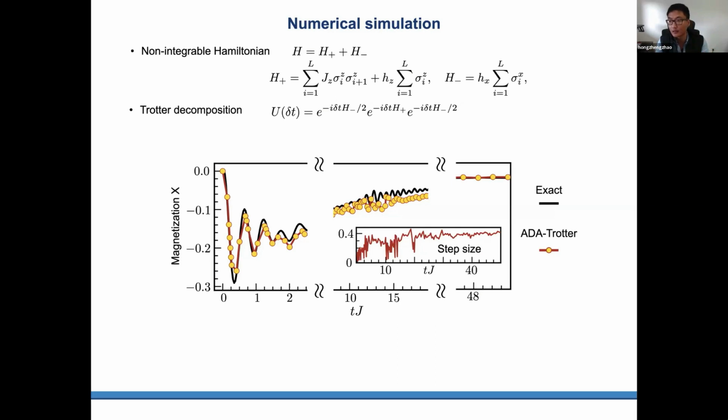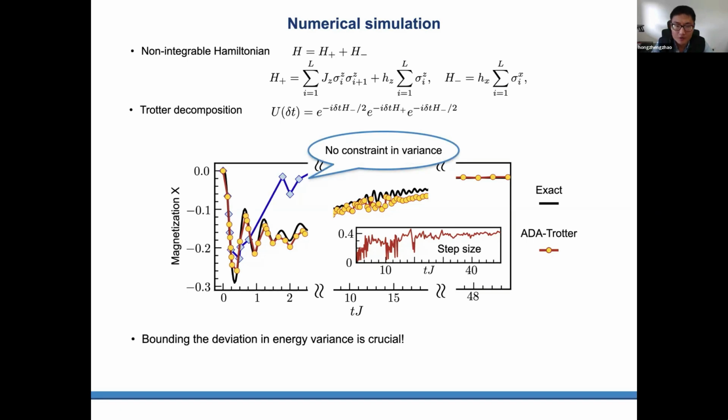At early times, it does what we wish: it automatically picks a relatively smaller step size in order to control the error. But at long times, your system gradually thermalizes, and you are not as sensitive to Trotter errors as the initial state is. Therefore, you can gradually enlarge your step size. There are also fluctuations in the middle, but it highly depends on the model, on the state, and on the time.